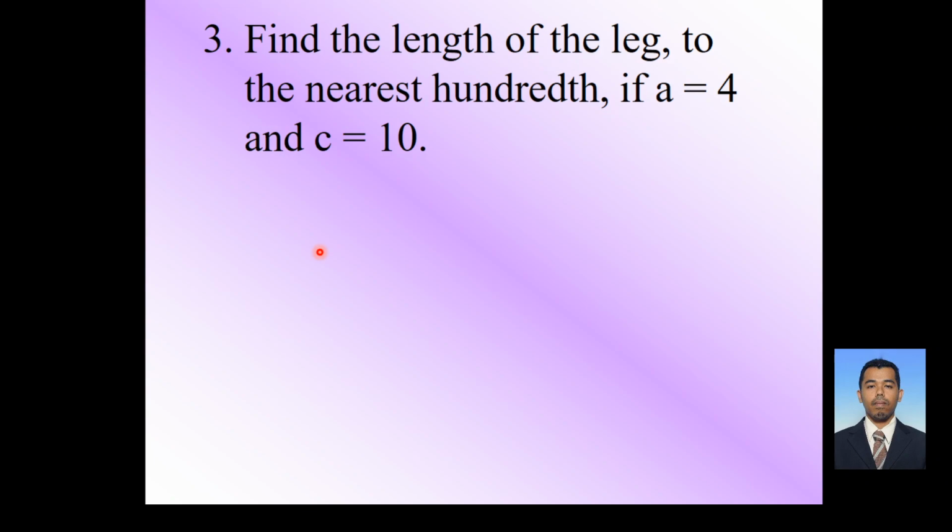So let's see example number 3. Find the length of the leg to the nearest hundredth if A equals 4 and C equals 10. In this question, one of the legs is A equals 4, and the value of C, the hypotenuse, is equal to 10. Therefore, you must find the value of B. From the formula, 4 square plus B square is equal to 10 square. 16 plus B square is equal to 100.